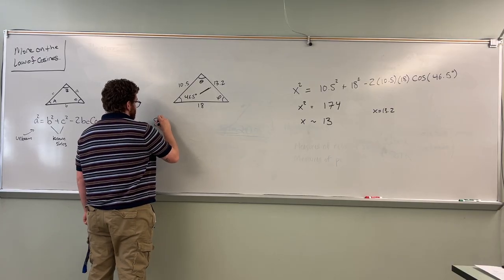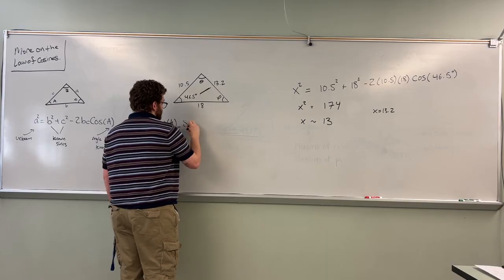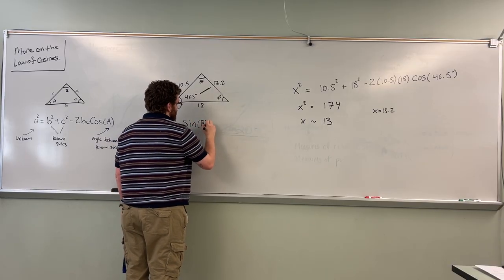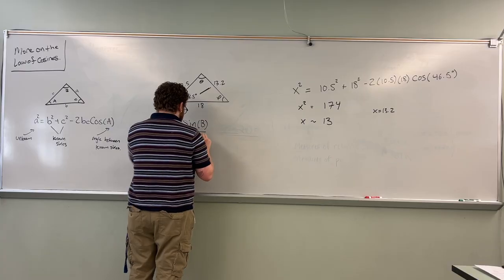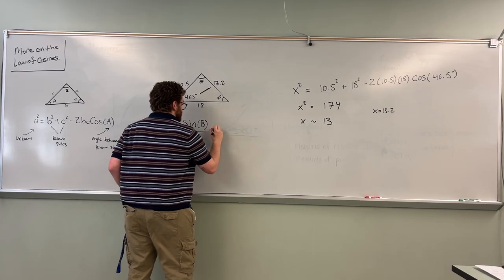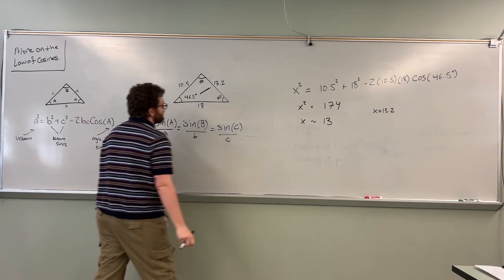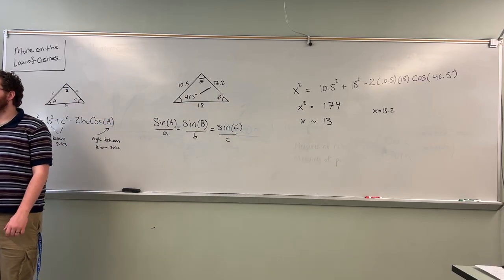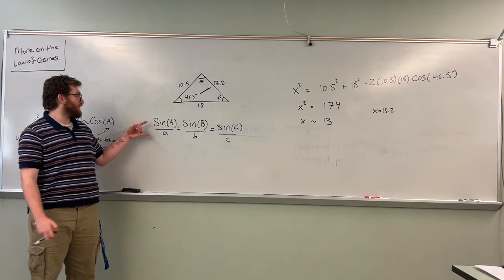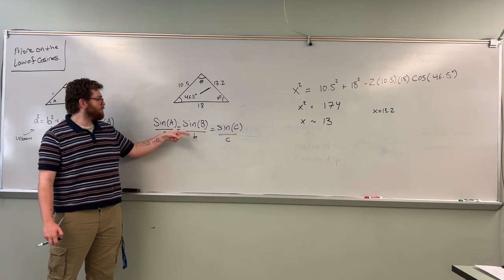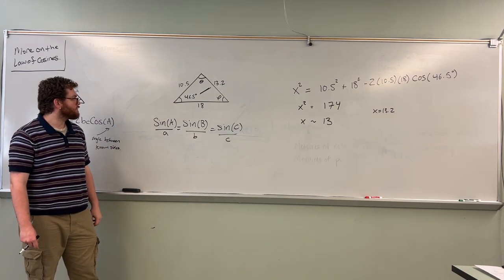So remember it says sine angle A over side A equals sine angle B over side B equals sine angle C over side C. It doesn't matter what I call A, B, and C. What's most useful here is that I have a pair of information and I plug my unknown into the other side of the fraction for whatever it is.